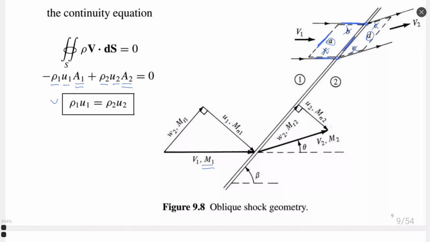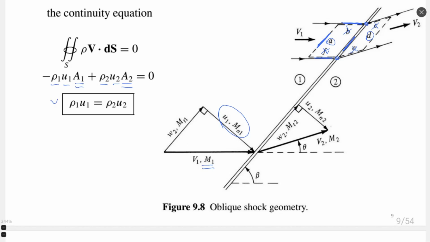So we must split velocity in the direction which is perpendicular to our shock wave. It is denoted as u1, the perpendicular velocity component, and Mn1 is the Mach number normal to our shock wave.